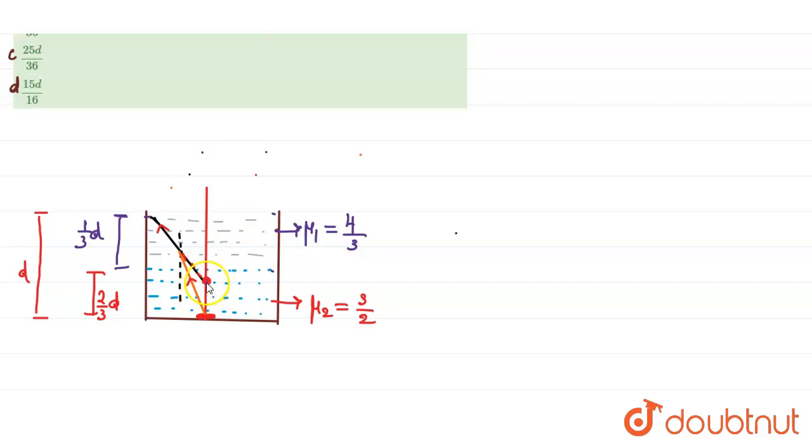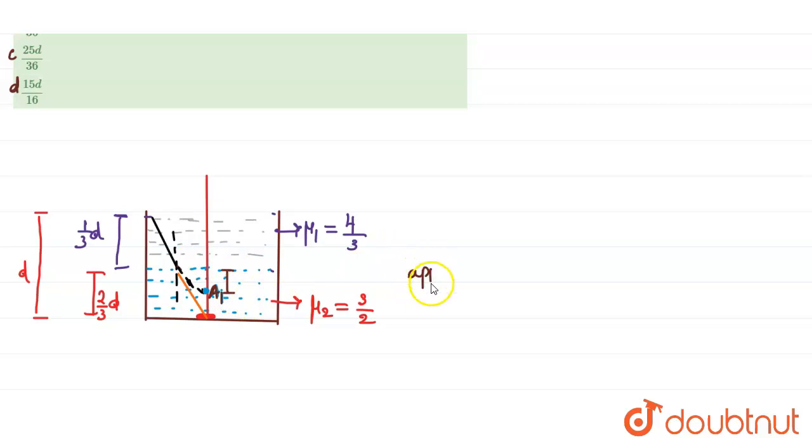So this is a new point, and this distance is the apparent depth A1.